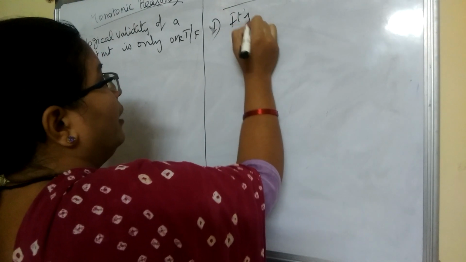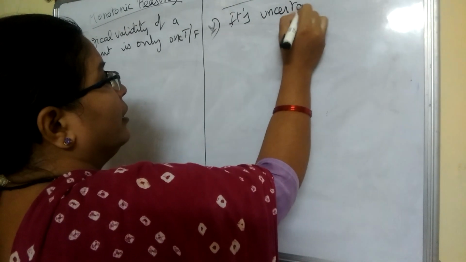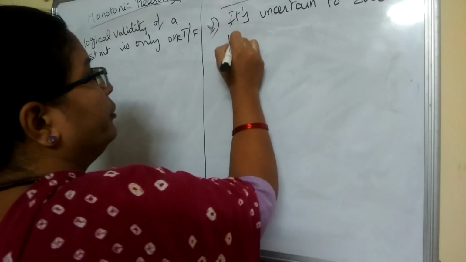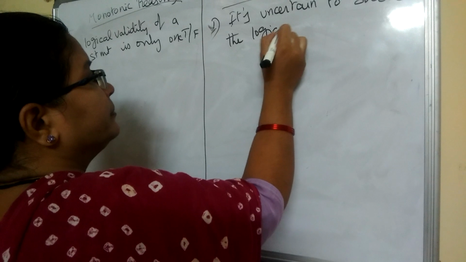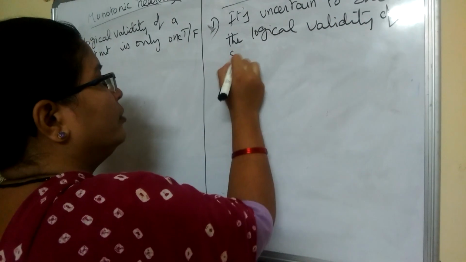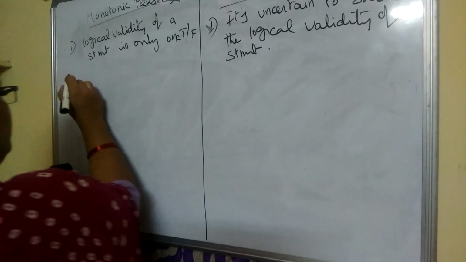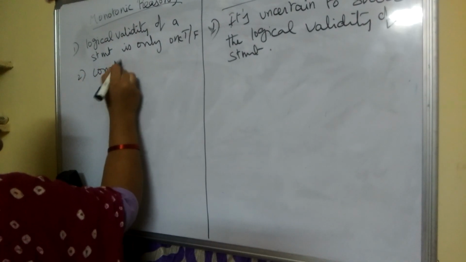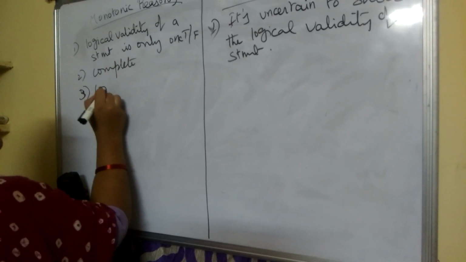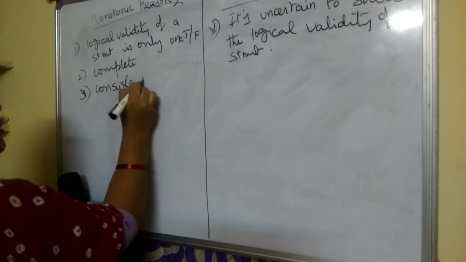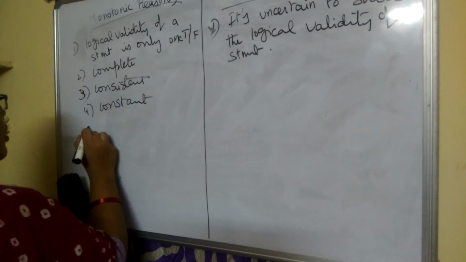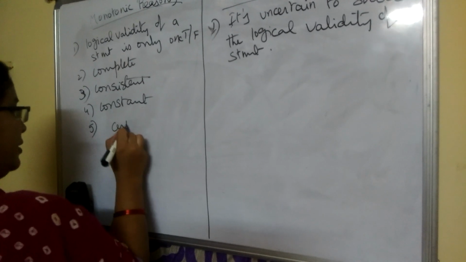It's uncertain to show the logical validity of a statement. Here it is complete, consistent and constant, and it is also called certainty.